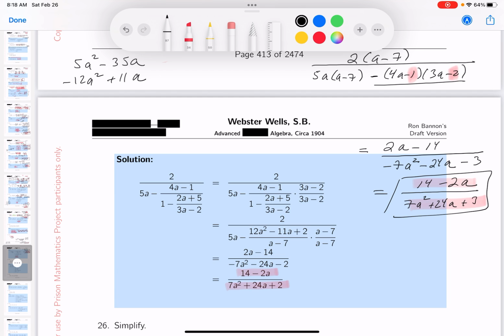I'm going to correct myself. This is no good. I'm going to correct myself over here now. Again, I multiplied by minus 1, so that'll be plus 2 now.